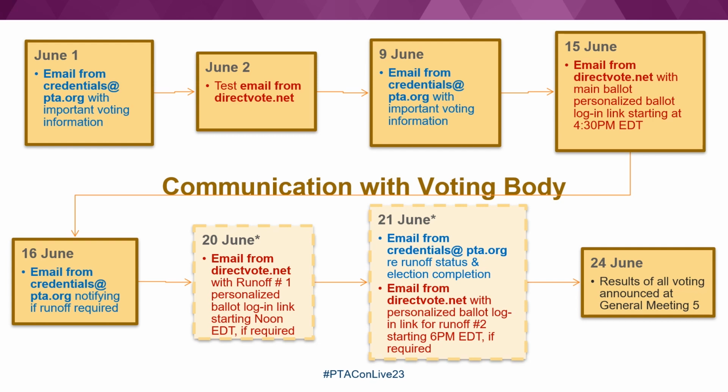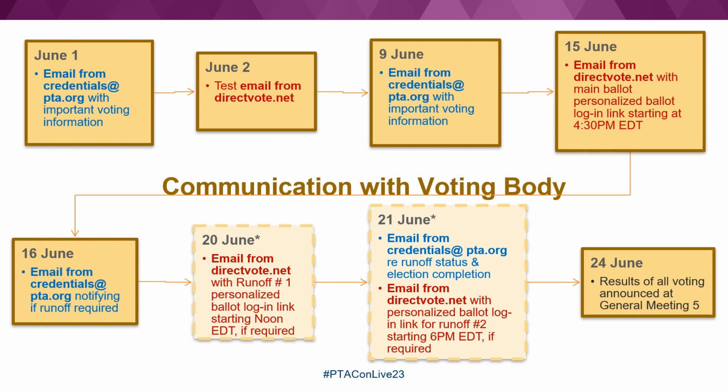Then, on June 9th, National PTA will send final voting instructions and let you know if you were selected as a state PTA delegate. If you are a voter, you will receive your personalized ballot login from the voting vendor on June 15th, starting at 4:30 p.m. And National PTA will email you if runoffs are required on June 16th, and if so, again on June 21st.